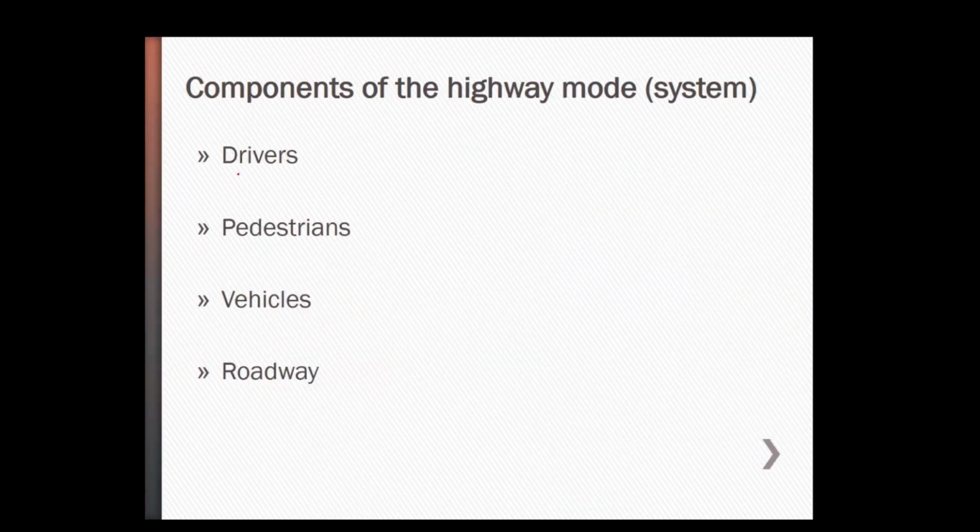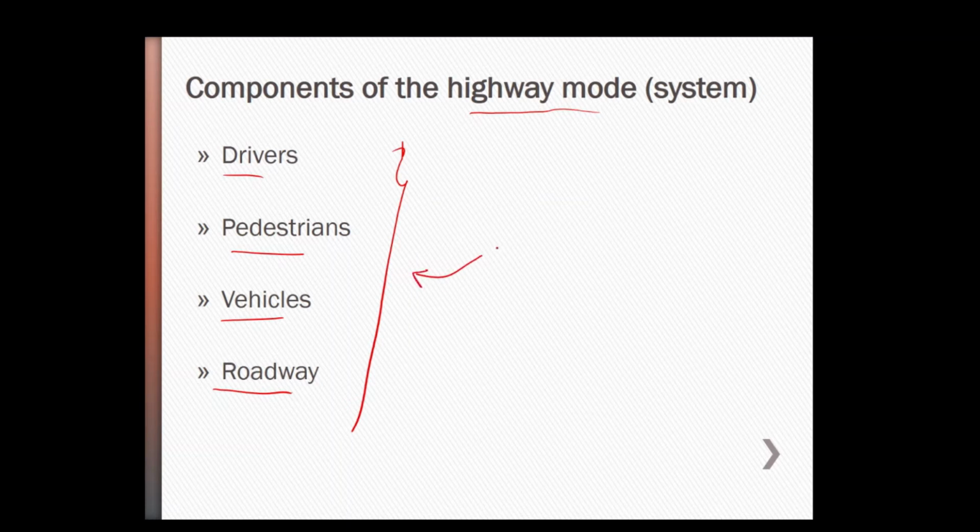So the components again: drivers, pedestrians, vehicles, roadway. When we talk here about the highway system, we have the drivers, pedestrians, vehicles, roadway. Other components are in there, of course, but we want to focus on these four for our presentation today. These are the inputs that we use for design.